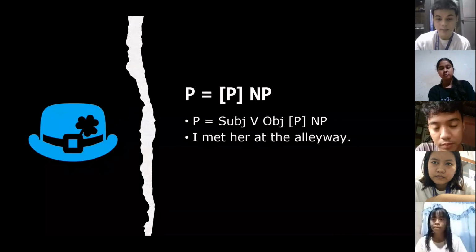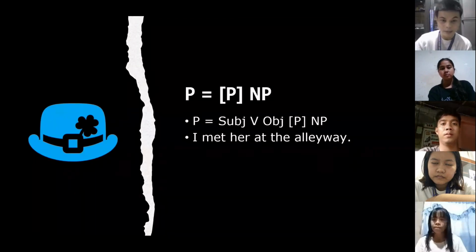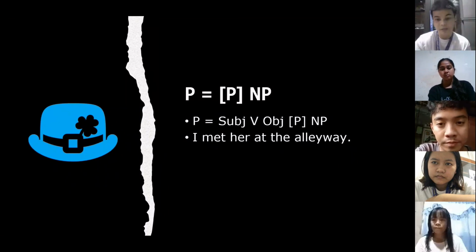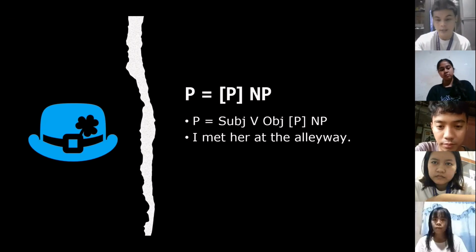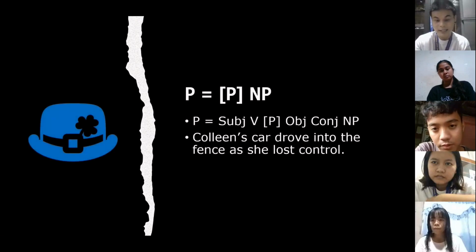Next sentence, I met her at the alleyway. First, I is your conventional subject. Then comes your verb met, and your object her, which pertains to whom he or she met. That's her. And comes your preposition at, and your noun phrase the alleyway. Last, Colleen's car drove into the fence as she lost control.